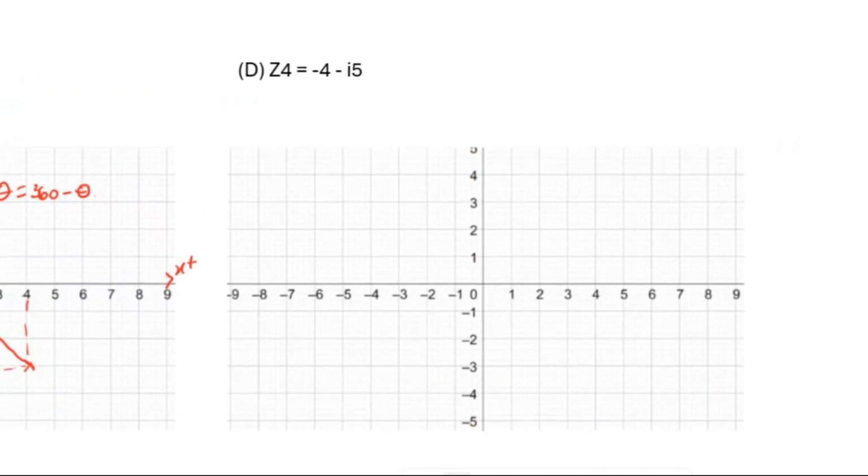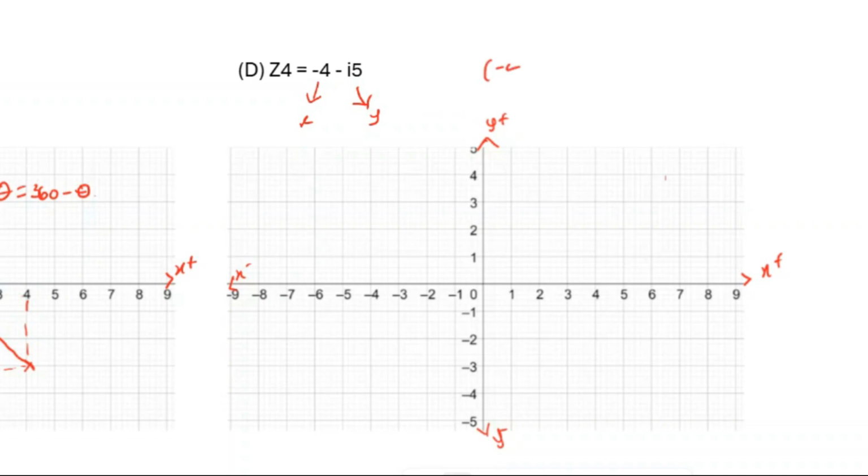So now the same approach. We have our y positive, we have our x positive, we have our y negative, we have our x negative. So here the part corresponding to the x-axis is our minus 4, the part corresponding to the y-axis is minus 5.